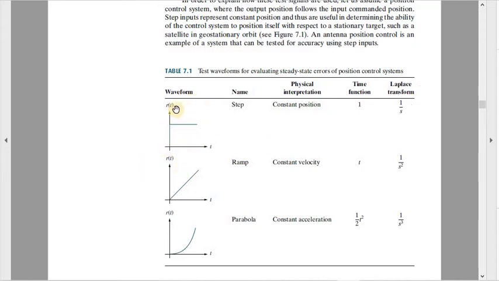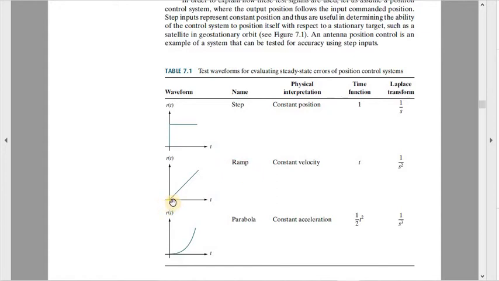Our first test input is the step input. It means that we want a particular constant position, so we give a step input. The function in the time domain is 1, and the Laplace transform is 1 over s. Similarly, the next one is the ramp input.